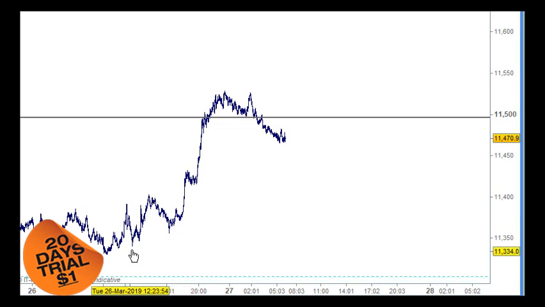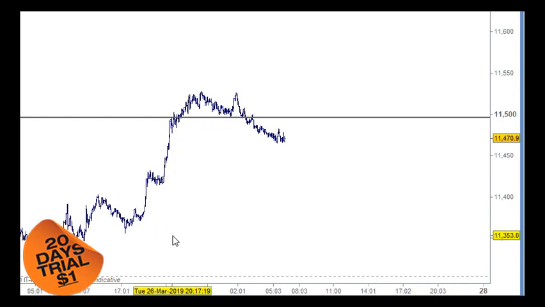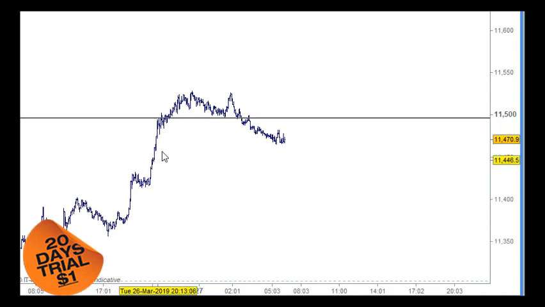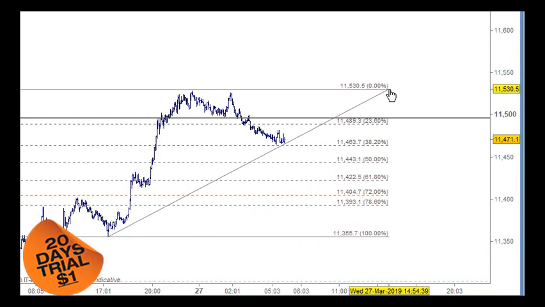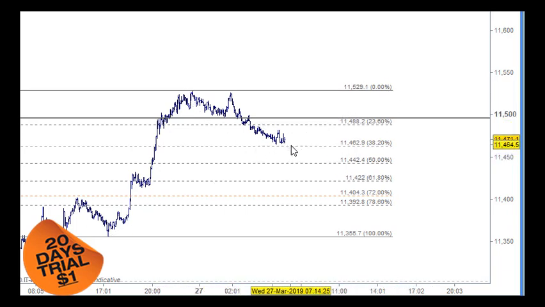I know there's overlapping wave structures here for wave 1 and 2, and that would leave us with 5 waves to the upside here. And the way that it's coming down here, it's on quite an angle. It's reluctant to come down, and if it was a wave 4 coming down here, this would be a wave 4 coming back at the 38.2% retracement level.